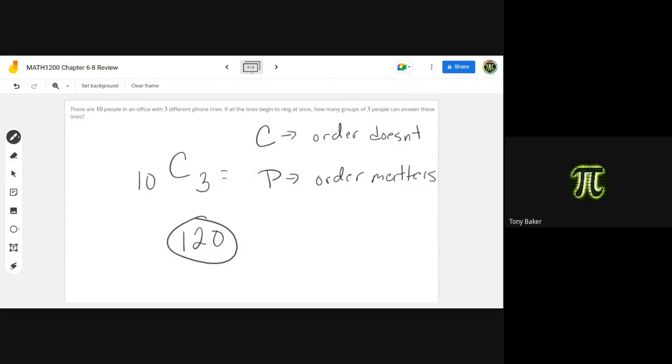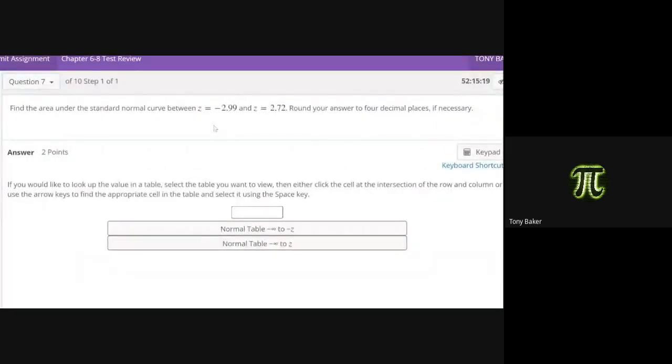Next one. Find the area under the standard normal curve between z is negative 2.99 and z is 2.72. This one's simple. They're giving you the z's. You literally have to look at the chart. But this is where those nice little bell curve pictures come in handy, because the picture is going to help you figure out where you're going.